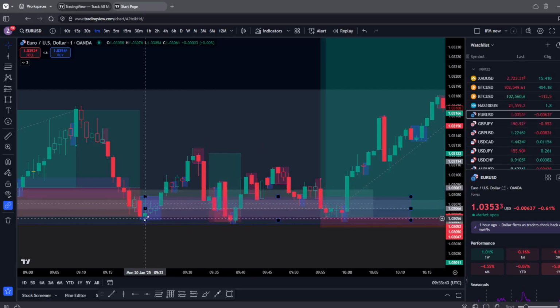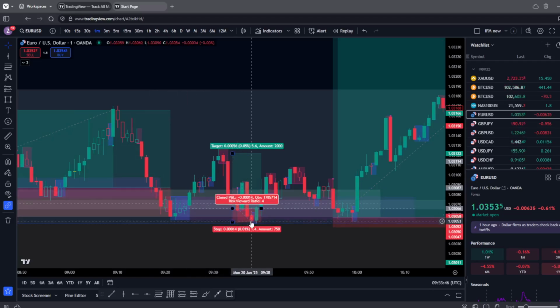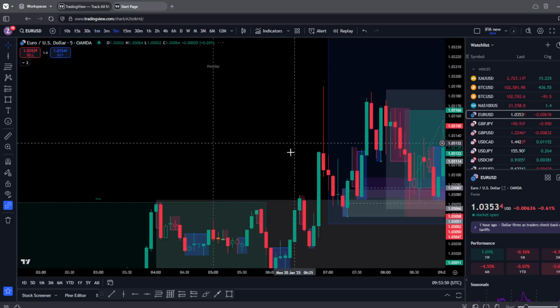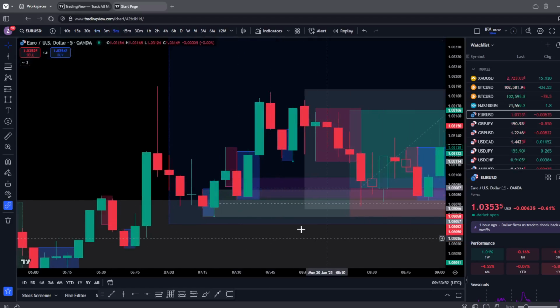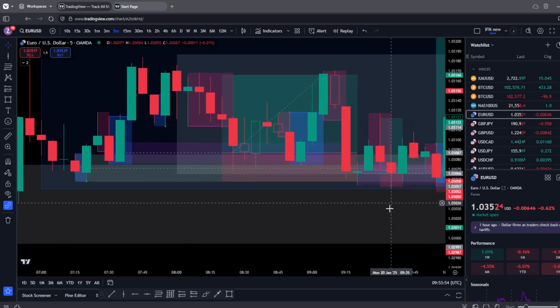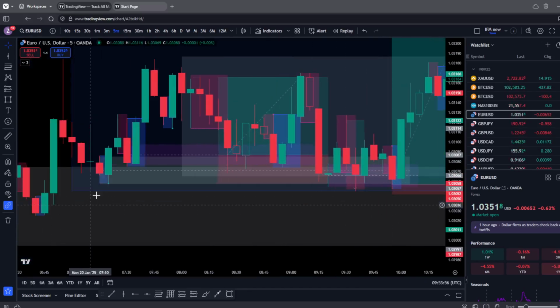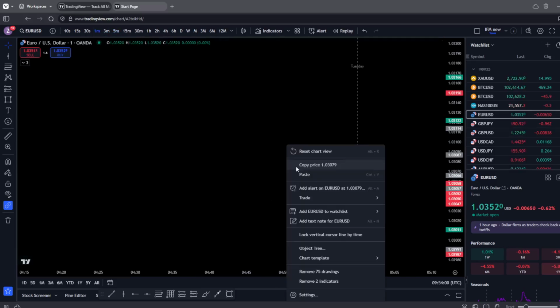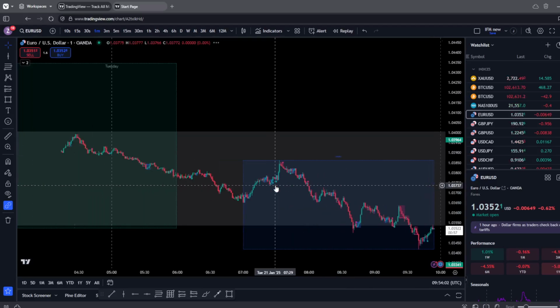Now the prices on the 5 minutes were just wicks, so they didn't break the 5 minute area. You can see they were just rejections. So the 5 minutes is still valid, it's just that the market was manipulating and taking some stop losses.